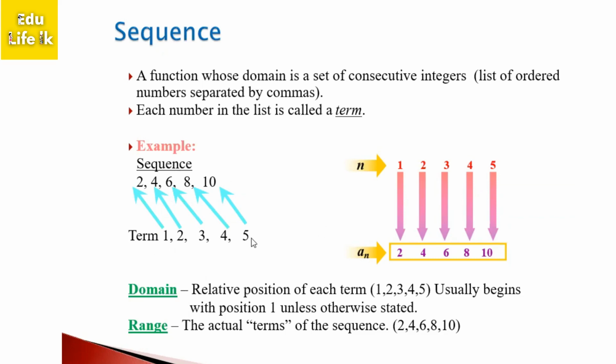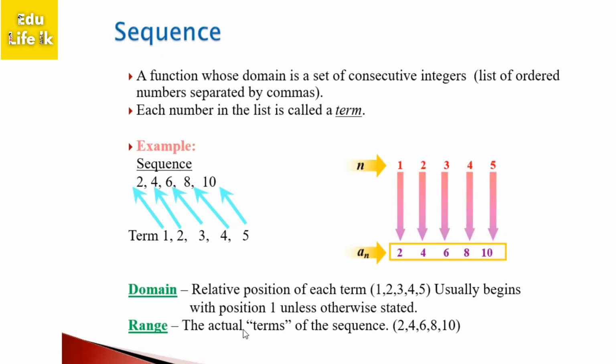We call these terms the domain of the sequence. These are the set of consecutive numbers. Consecutive means 1, 1 plus 1 is 2, 2 plus 1 is 3, 3 plus 1 is 4, like that. The relative position of each term, 1, 2, 3, 4, 5, is based on this.